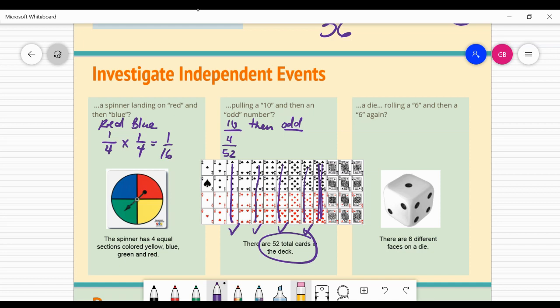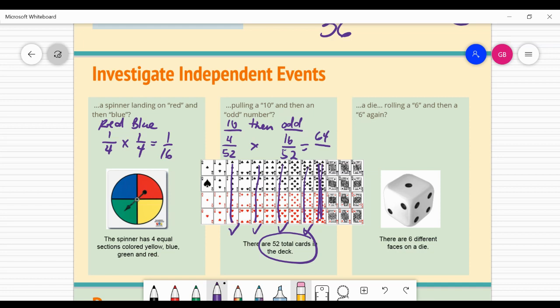So that's 16 odd numbers out of 52. So you're going to multiply this. So 4 times 16, 64.